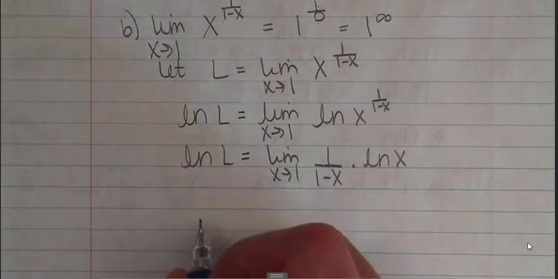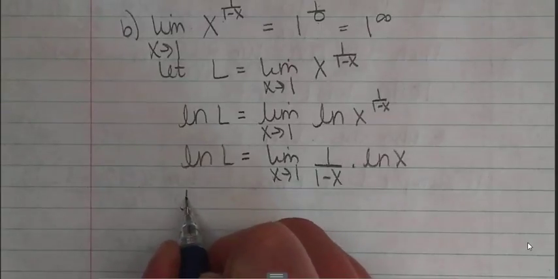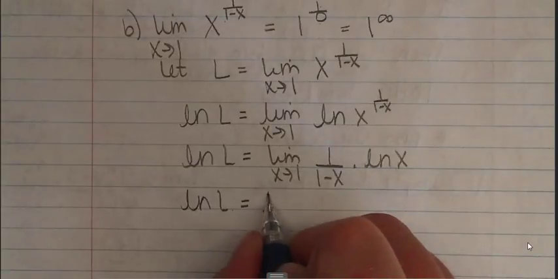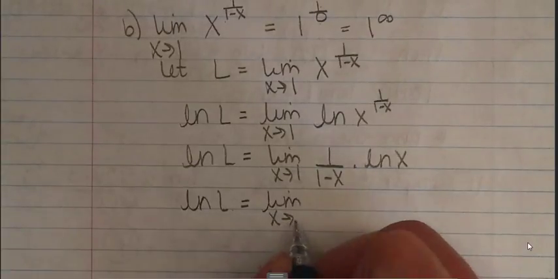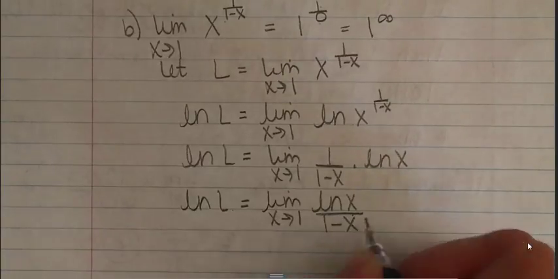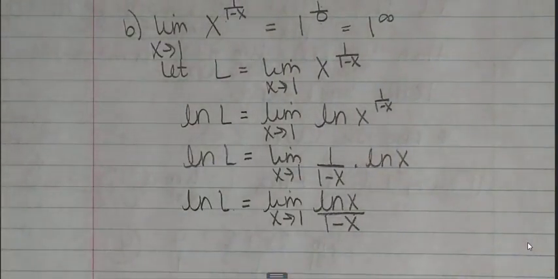Simplifying that, I should see that now I've got it in the correct form. So the ln of L will equal, let's see, the limit as x goes to 1 of ln of x over 1 minus x. Now I've got it in an appropriate form where I can do L'Hopital's rule.